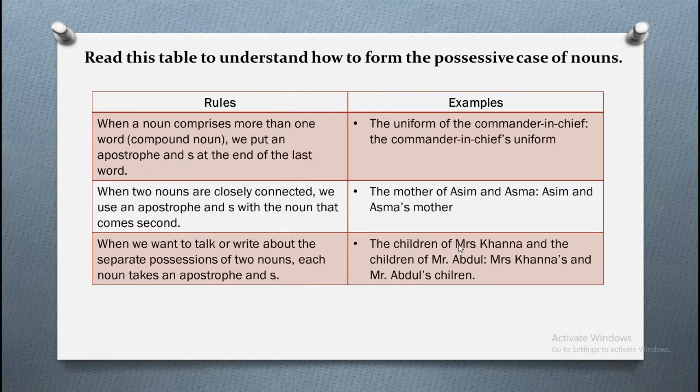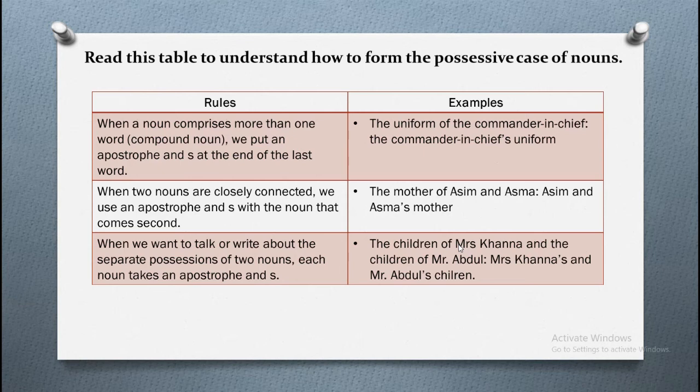Next one is when a noun comprises more than one word. That's the compound noun. We have done what compound nouns were in the last class, meaning when one noun is formed using two or more words. For example, bathroom, mother-in-law. All these are compound nouns.